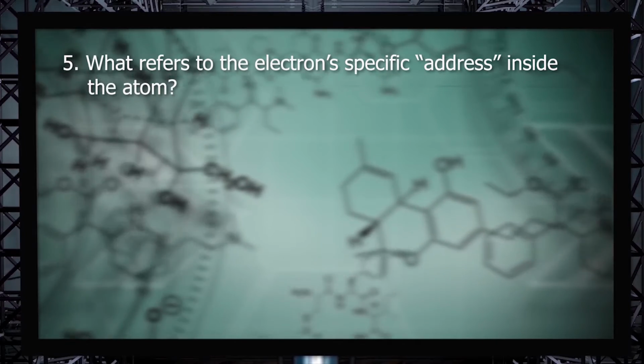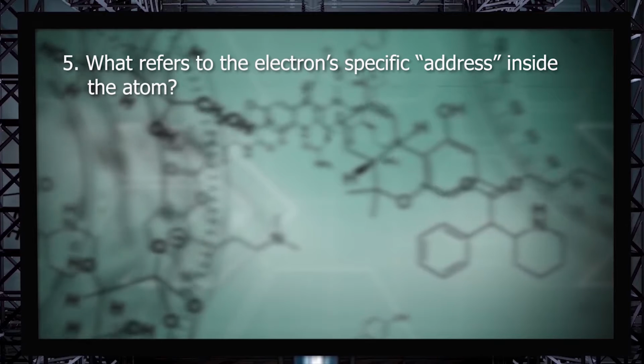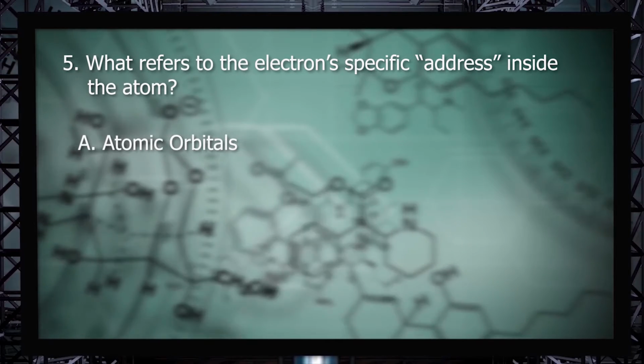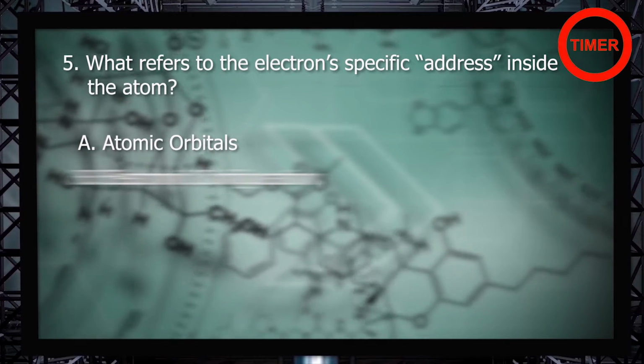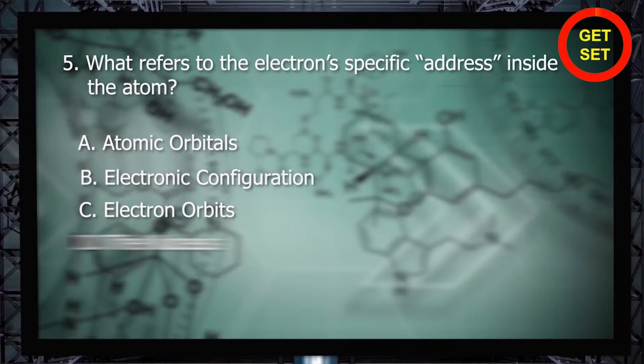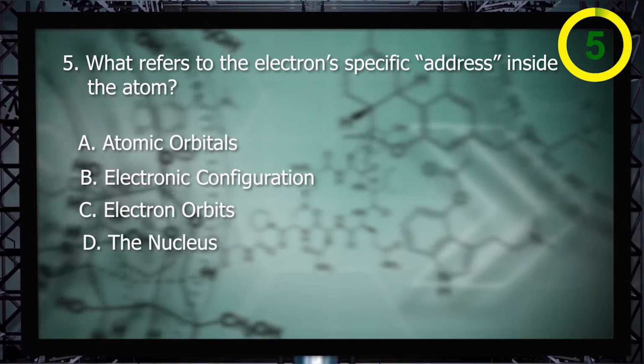Number 5. What refers to the electron specific address inside the atom? A. Atomic orbitals. B. Electron configuration. C. Electron orbits. And D. The nucleus.